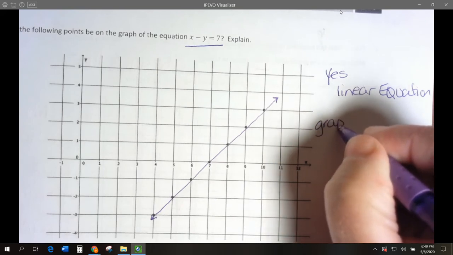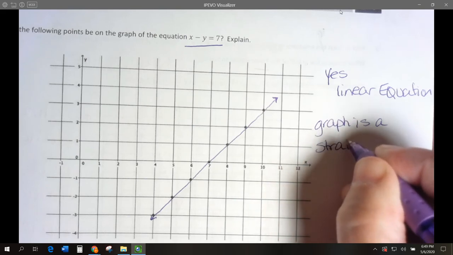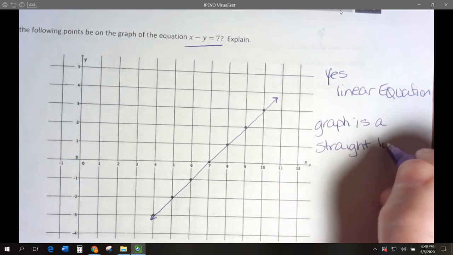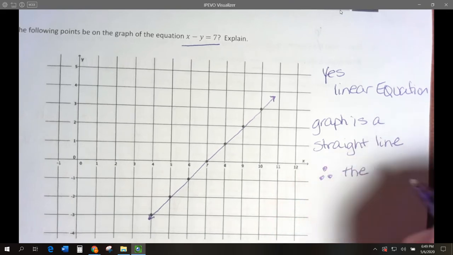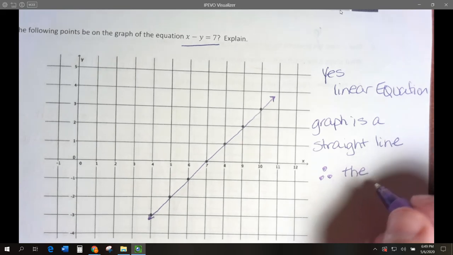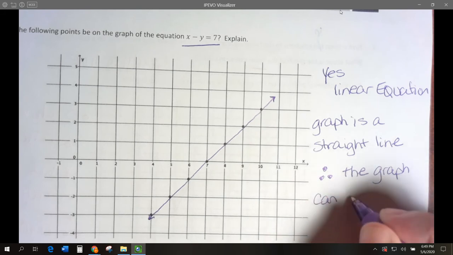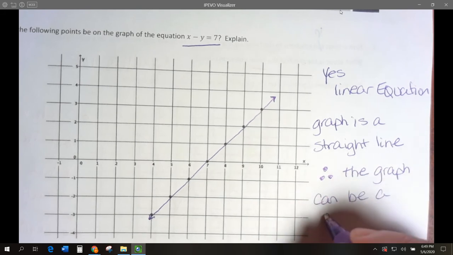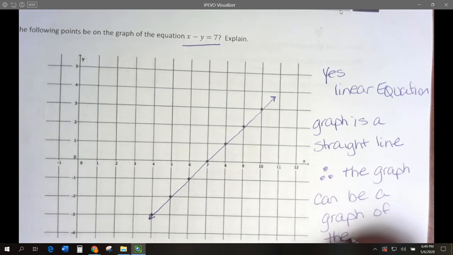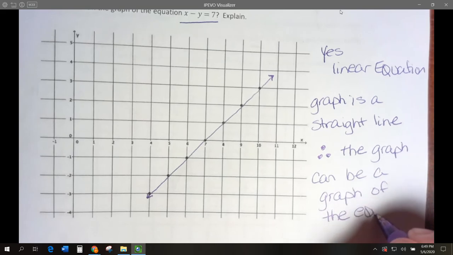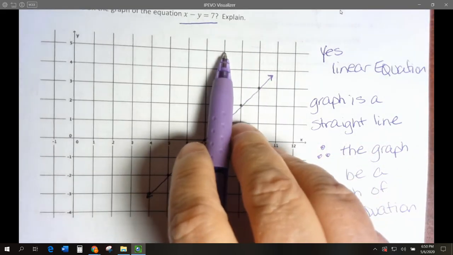Graph is a straight line. Therefore, the graph can be a graph of the equation. It's a linear equation. This is a line, so this could be the graph for that.